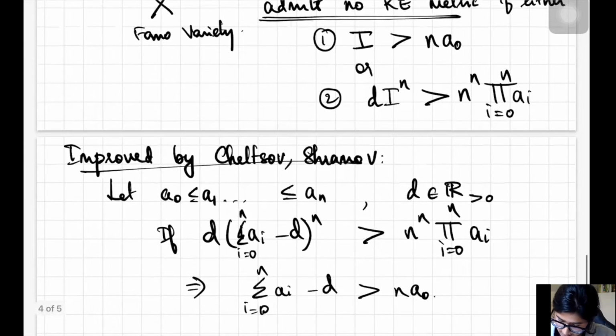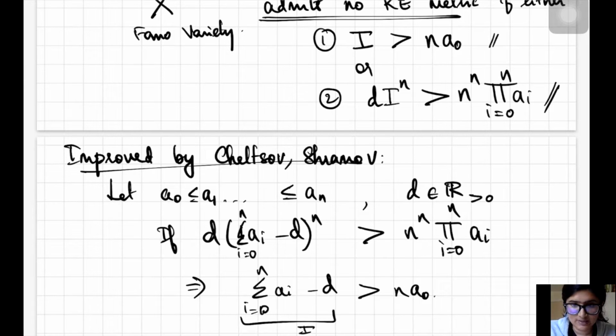So if you look at it here, if I set this to be my I, which is what we had in our setup, it's telling you that as long as this is satisfied, it implies this. So they basically proved that these two inequalities are not independent. But it's still an obstruction. So as long as you have any one of these, you still have that it doesn't have a Kahler-Einstein metric.